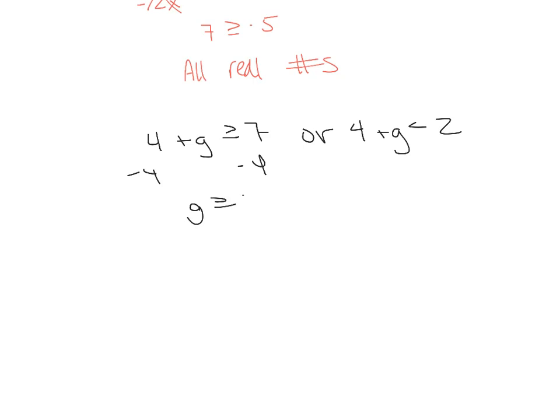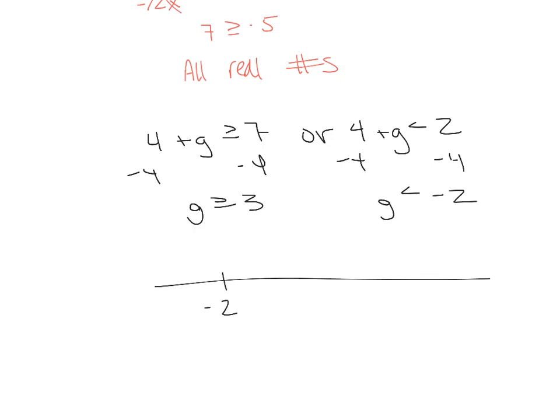So subtract 4 from both sides, you get g is greater than or equal to 3. Subtract 4 from both sides, and you get g is less than, that's a 4, negative 2. So here we have negative 2. Here we have 3. 3 is a closed circle pointing to the right. Negative 2 is an open circle pointing to the left.